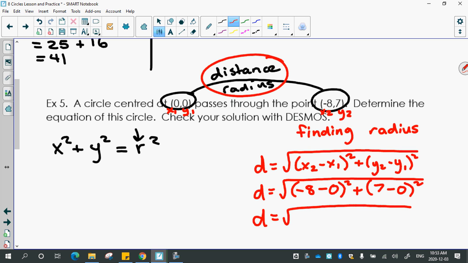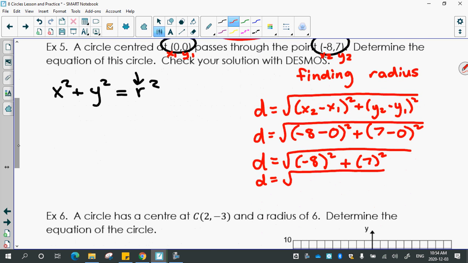So square root of -8 squared, make sure you have brackets around the -8, plus 7 squared. And we get 64 plus 49. Which is square root of 113.